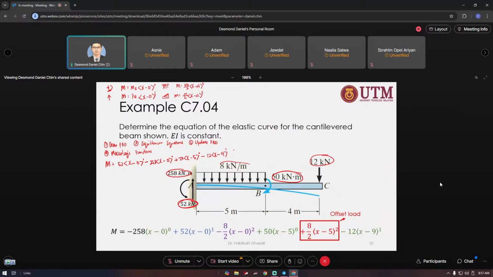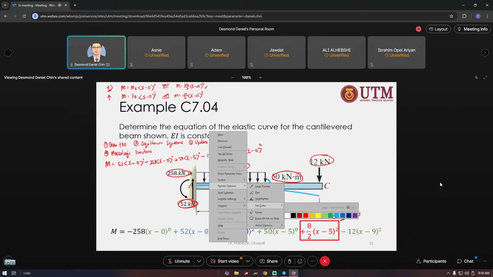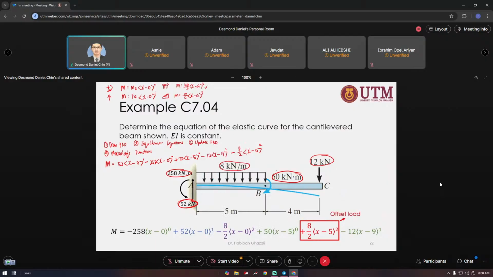Lastly, this is the rectangular loading. This is pointing downward. So therefore, it is negative 8 divided by 2, because I am applying the third formula. And then the bracket x minus, where is the starting point of this loading? x equals 0. Okay, 0 squared, isn't it? However, don't forget, if you have a rectangular loading, the formula will treat it as if it goes up until the end.